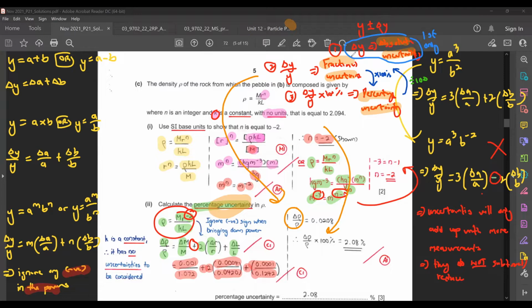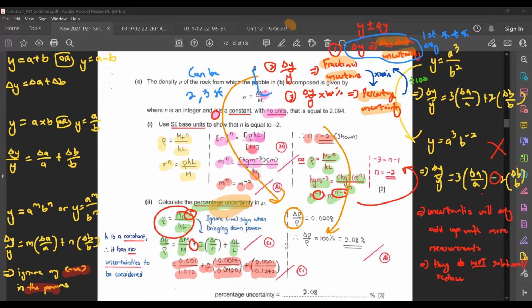But for fractional and percentage uncertainty, this can be 2 or 3 SF. It's only your absolute uncertainty that you need to be careful about because they always want one SF only. This has to be remembered. For the others, fractional uncertainty or percentage uncertainty, you can treat them like normal. Just write them 2 or 3 SF. So eventually your answer is this one.